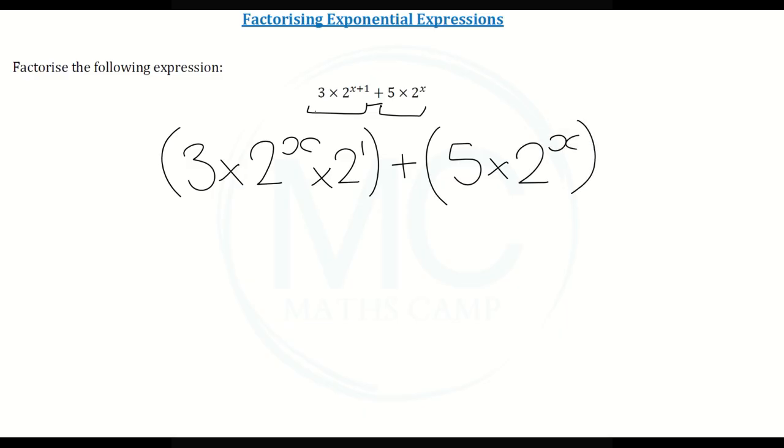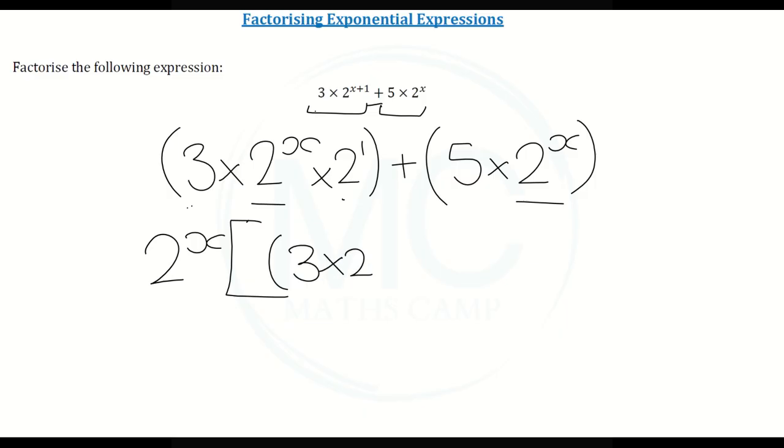Now we have 2 to the power of x in this term and again in this term. We can take it out as a common factor. So I have 2 to the power of x. I'm going to open a big square bracket. Then I'm left with 3 multiplied by 2. Put into a smaller bracket. Plus, we are removing 2 to the power of x as a common factor, so we're left with 5.